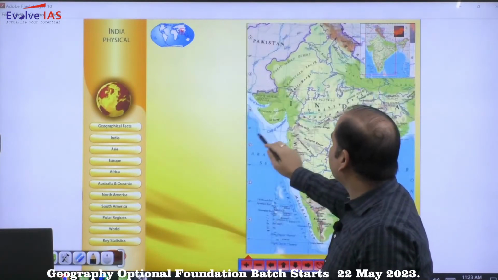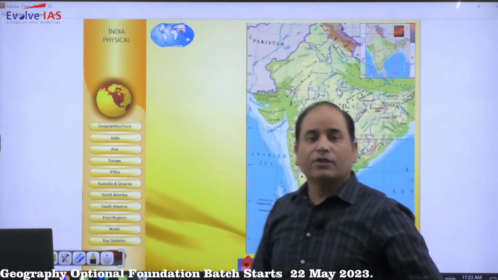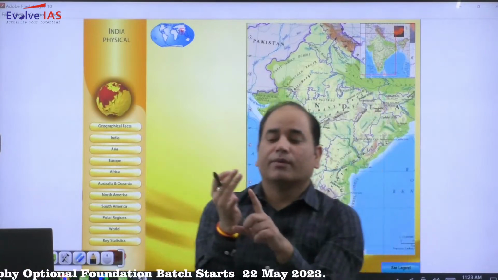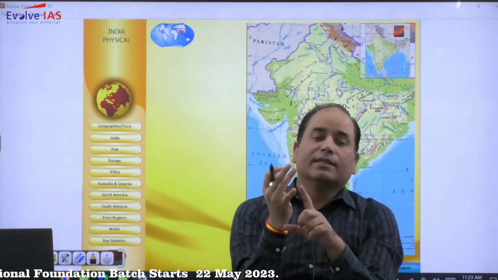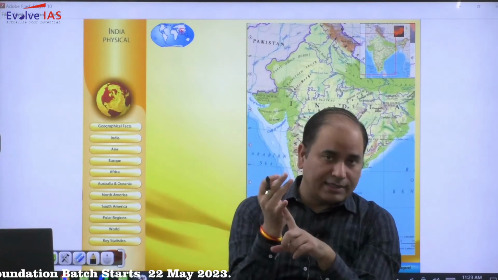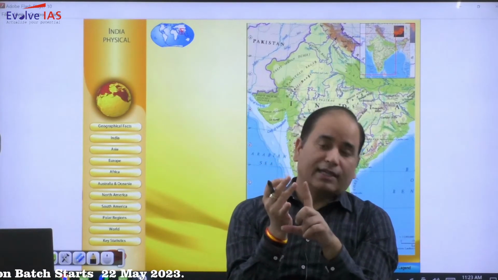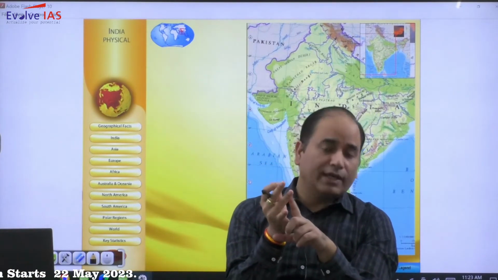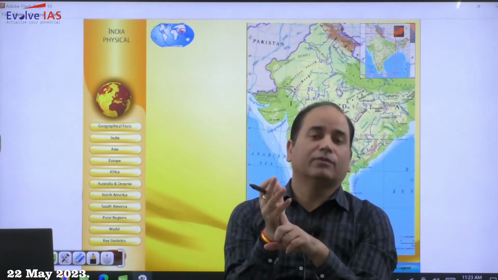Then it is present in Maharashtra. So Gujarat is there, Maharashtra is there. Then you will find Karnataka, then Kerala, then Goa, then Tamil Nadu.